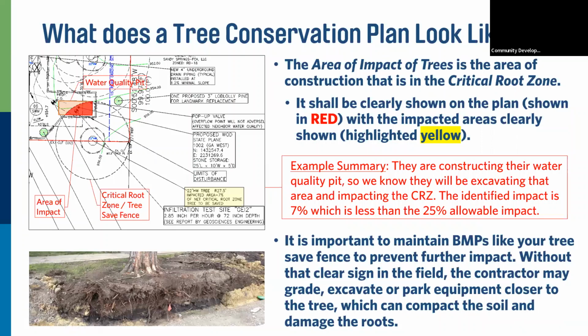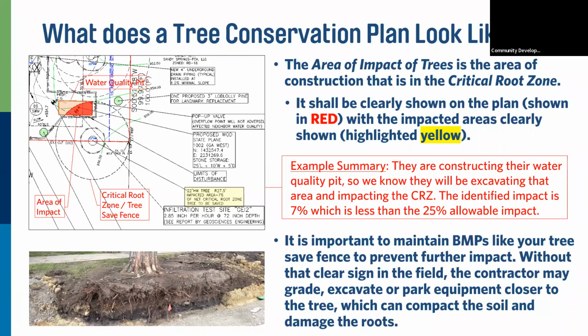So this is a good example of how to show impact for a tree. We can see here they have their BMPs in place, which is their silt fence and their tree safe fencing. And then they're proposing to do a water quality pit there. If we look at the details of the water quality pit, we'll get an idea of how deep they're digging and other details.